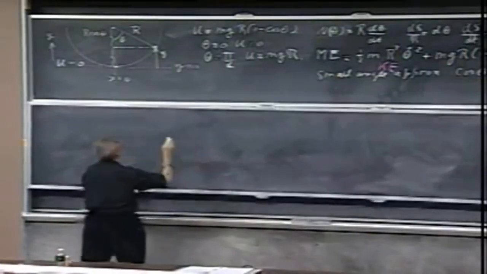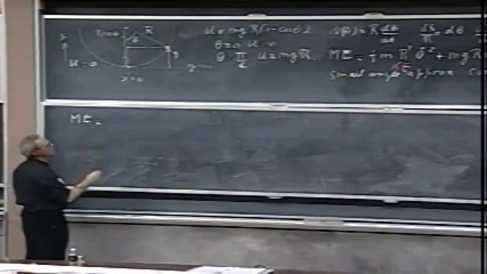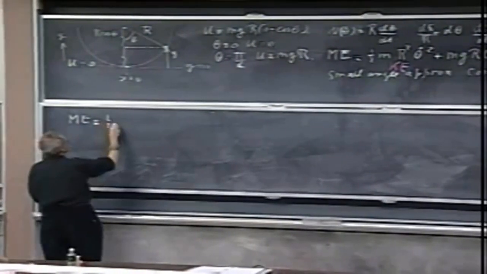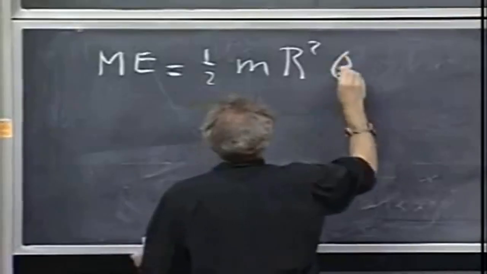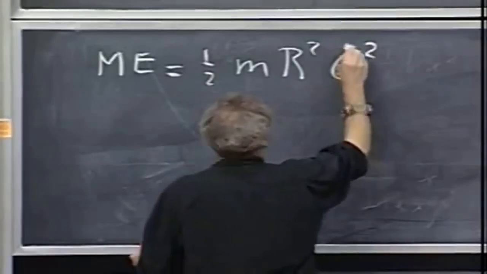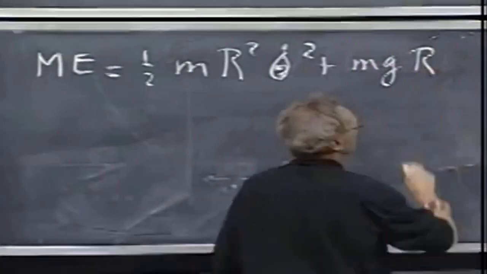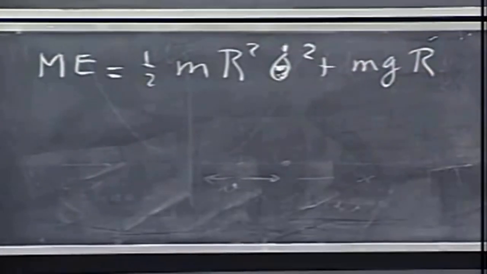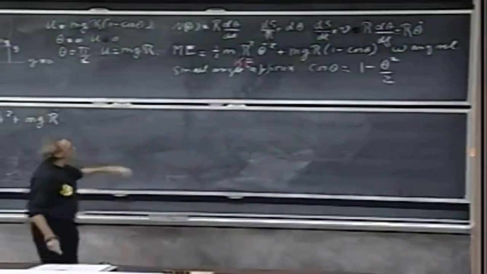So we're going to get that the mechanical energy, which is not changing, equals 1/2 m r squared theta dot squared plus mgr times cosine squared becomes 1 minus theta squared over 2. So we have a minus times minus becomes plus.